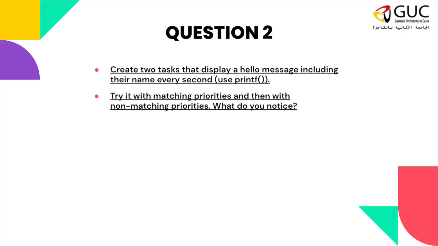However, the second time we want to test them with non-matching priorities, giving one task a higher priority than the other, and this means that the task with the higher priority will be the first task to execute. However, since these are periodic tasks, not continuous tasks, meaning that they implement delays because we want to print every 1 second, both tasks will run even if we have different priorities. However, the very first time, the task with the highest priority will run first.